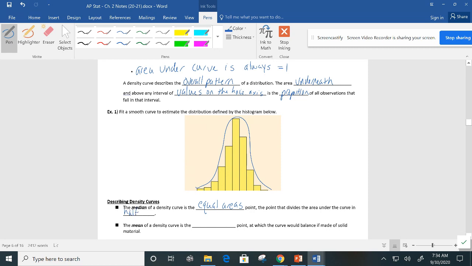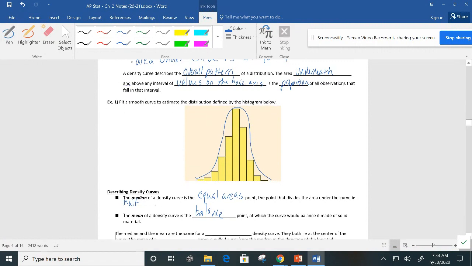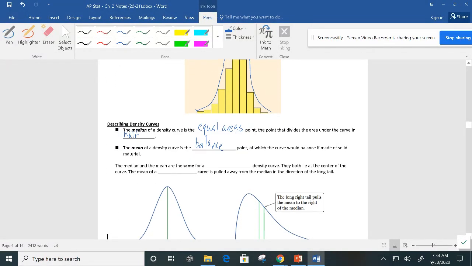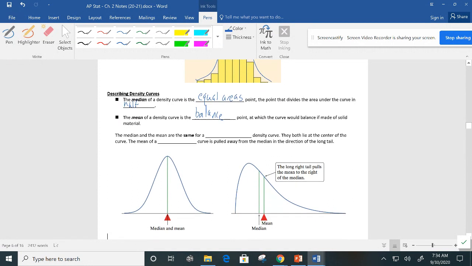While the median is the equal area point, the mean you want to think of as the balance point, at which point the curve would balance if it was made of solid material. We talked about this in the last chapter: the median and the mean are the same for a symmetric distribution or a symmetric density curve. They both lie at the center of the curve.